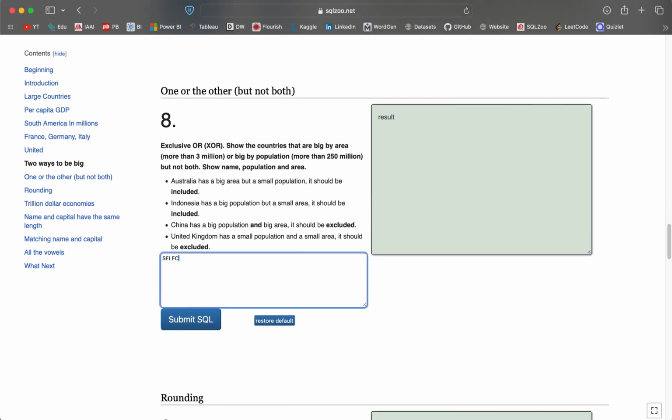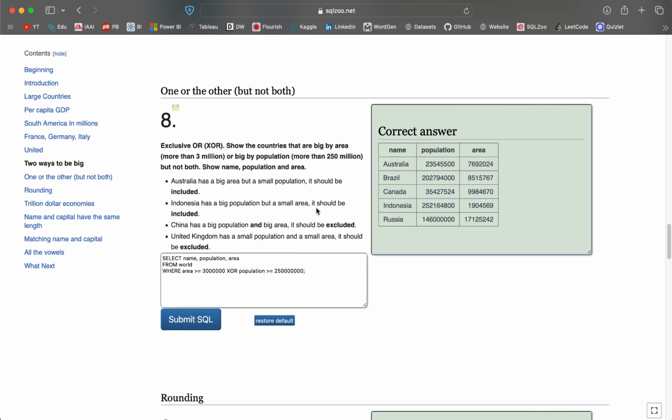We say select name, population, area from world, where area is greater than or equal to 3 million XOR, that means or, population is greater than or equal to 250 million. Let's see. Beautiful. Australia, Brazil, Canada, Indonesia, Russia.